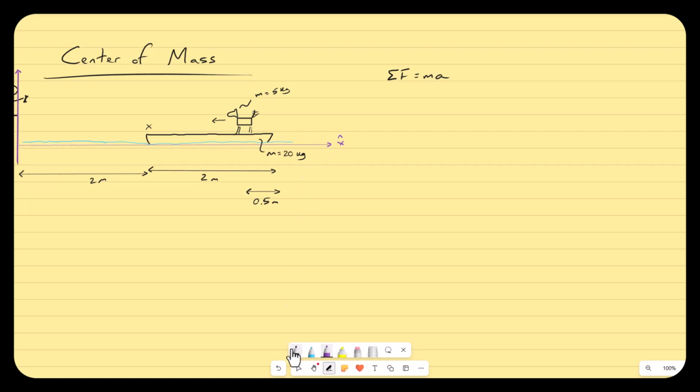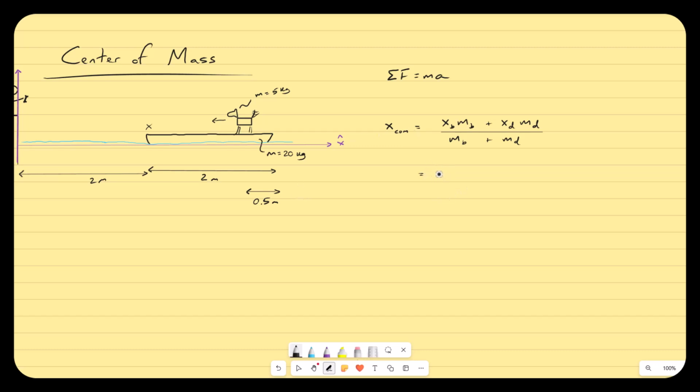So there's my X. My center of mass position is going to be X boat, mass boat, plus X dog, mass dog, divided by mass boat plus mass dog. It's a one-dimensional problem, so we aren't going to have to do any of the Y stuff, or maybe I should just say the center of mass of the system vertically had better be wherever they all are.